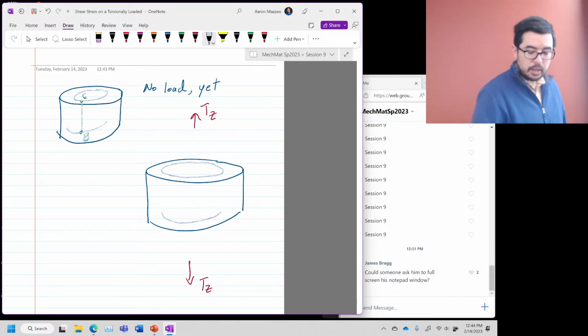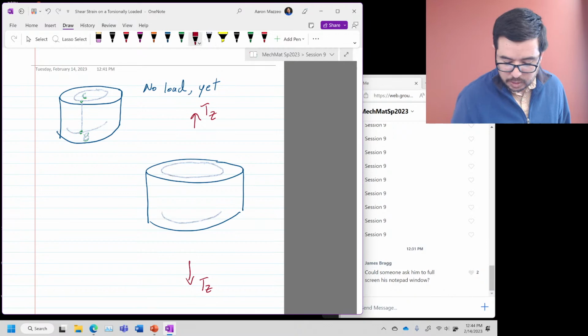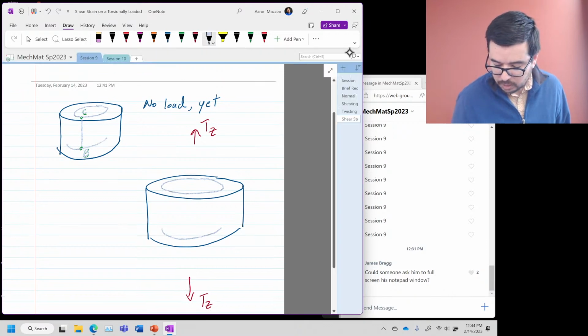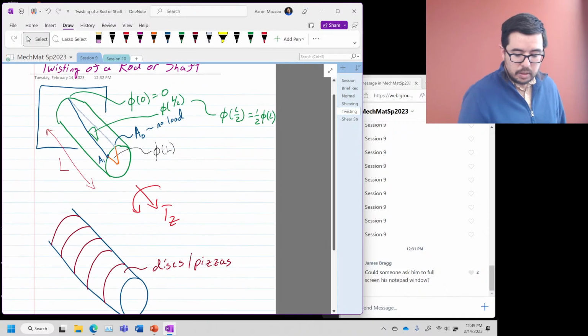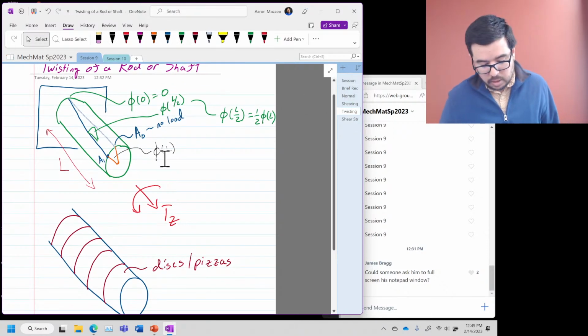if we go back to what we just drew here, you see this piece of pizza inside, okay? And you see this line, you see this gradation.